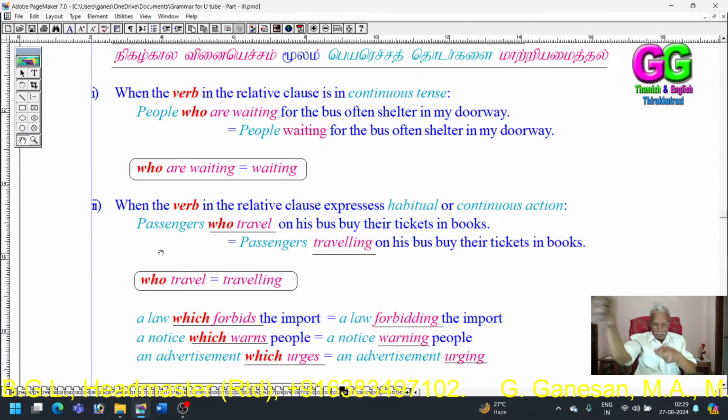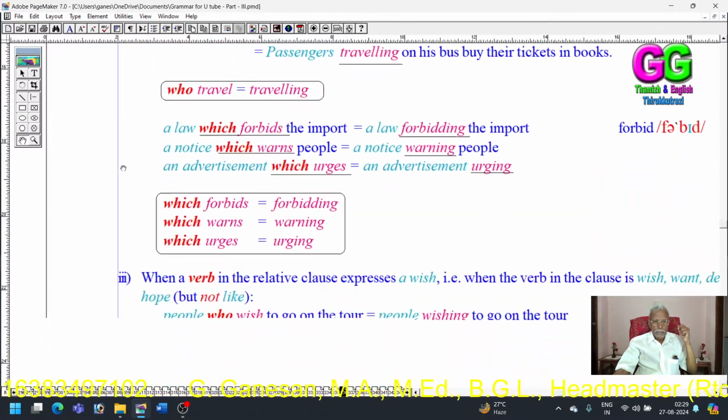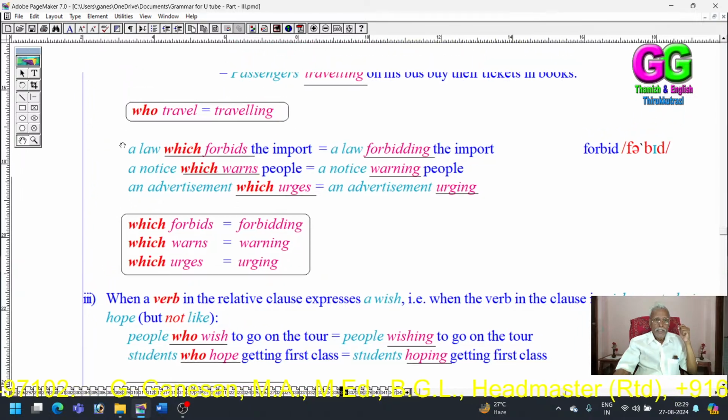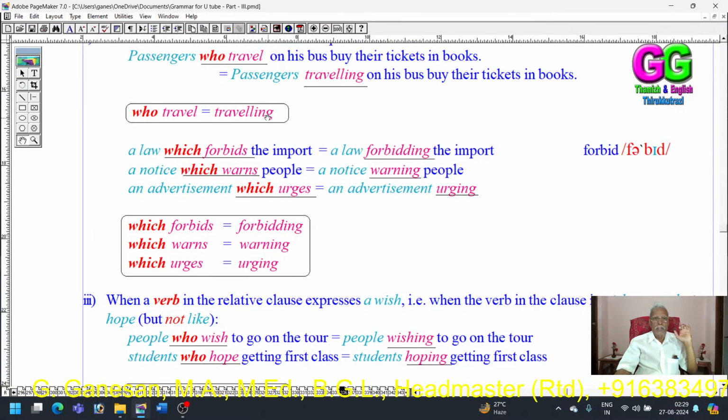That verb should be brought into the simple plain present form and add -ing. You see, who travel, traveling.